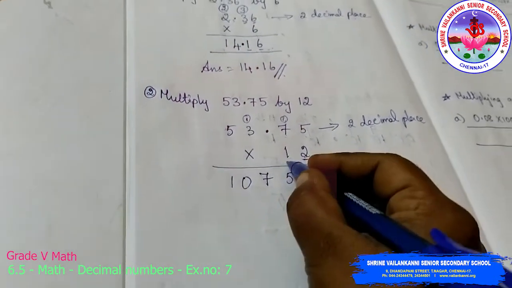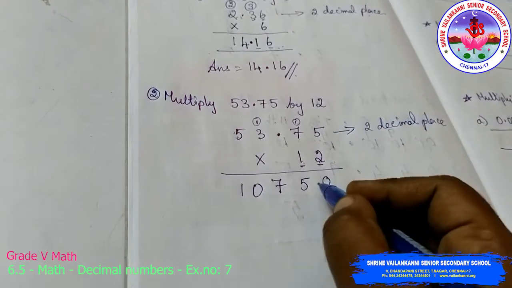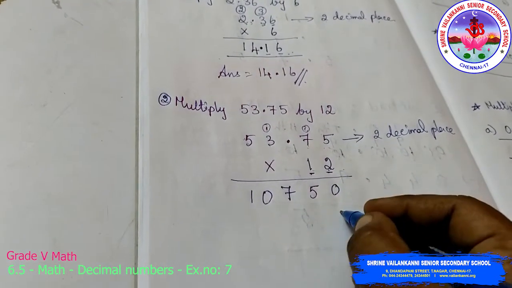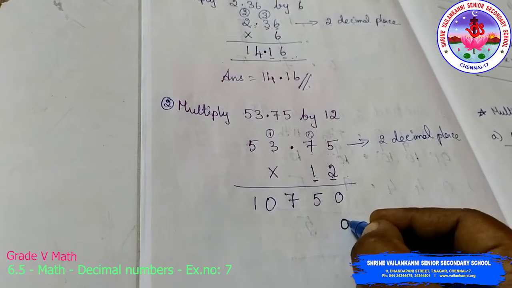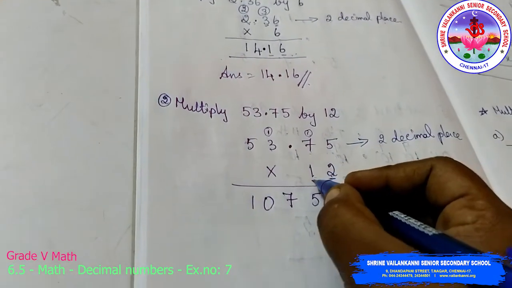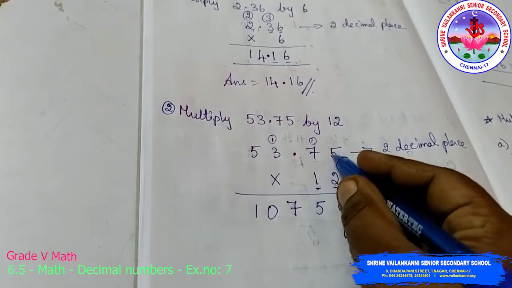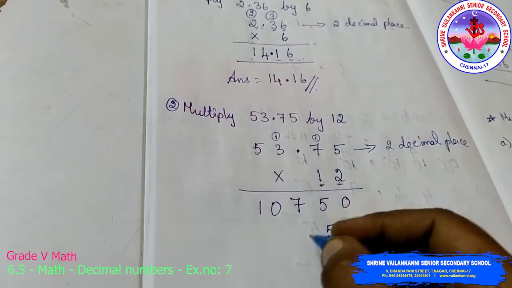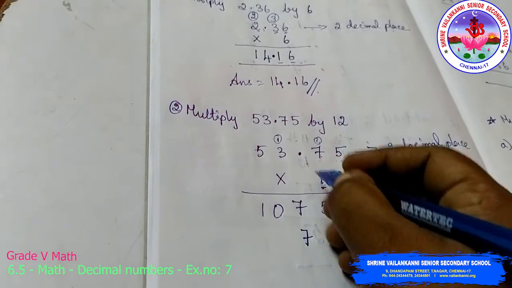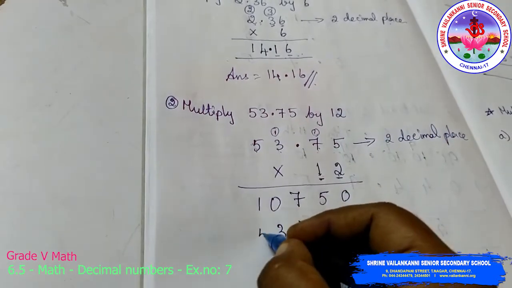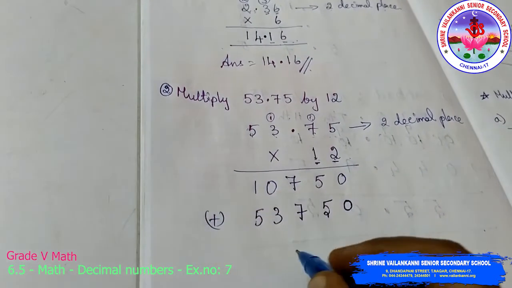Moving to the 10's place, before multiplying, in the second row, the 1's place has to be given 0. Then only you have to start multiplying. 1 five is 5. 1 seven is 7. 1 three is 3. 1 five is 5.